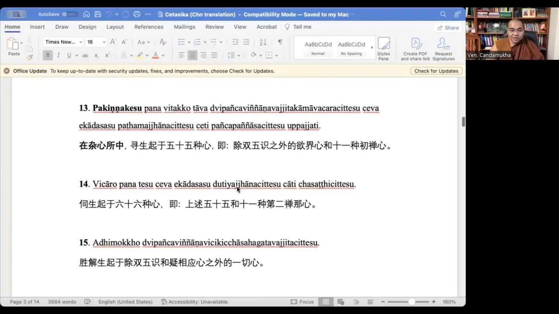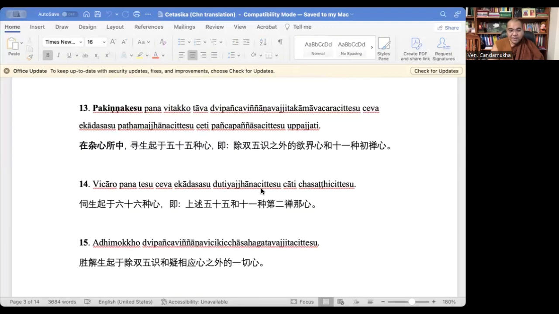Yesterday we already studied. Just to review, Vicara, sustained application of thought, refers to the 55 Cittas that associate with Vitakka, as well as the second jhana 11. In the second jhana there is Vicara also.